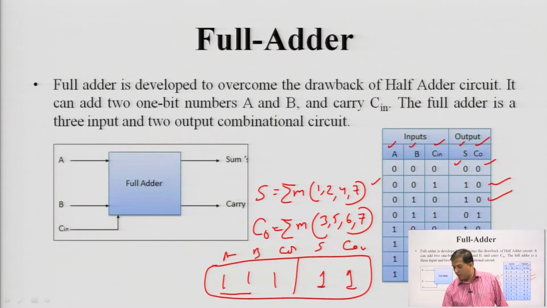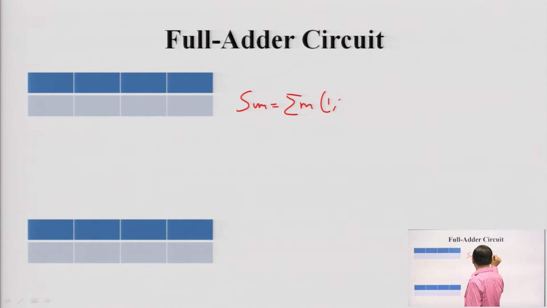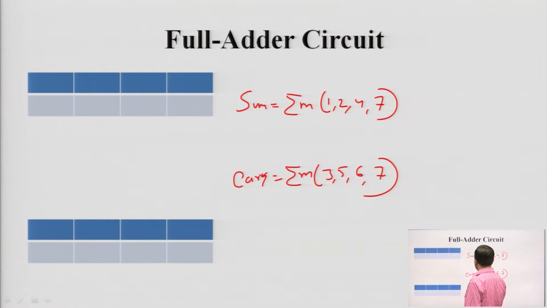So, now we are going to draw the K map for the full adder circuit. Already we have for sum summation m 1, 2, 4 and 7, and for carry summation m 3, 5, 6 and 7. So, this is for a 3 variable K map, because the maximum value is 7.